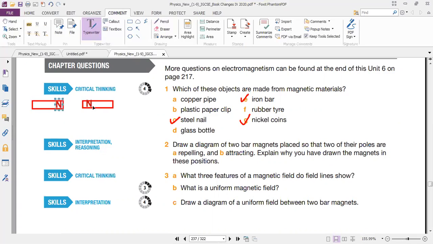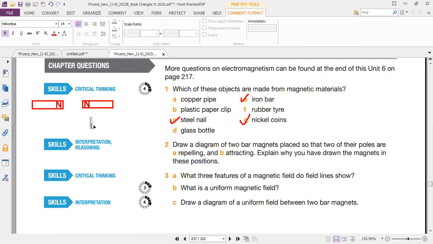In and in. What does it mean? Repelling. Similar poles repel.